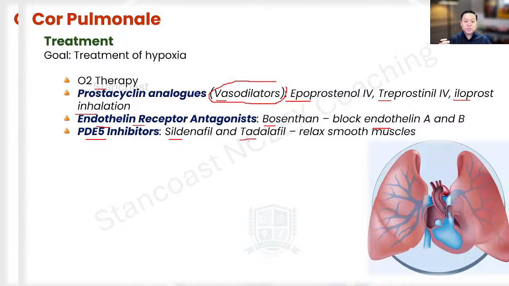However, this is a very useful classification of medications in a patient with cor pulmonale. It really works for this patient, no matter the gender.